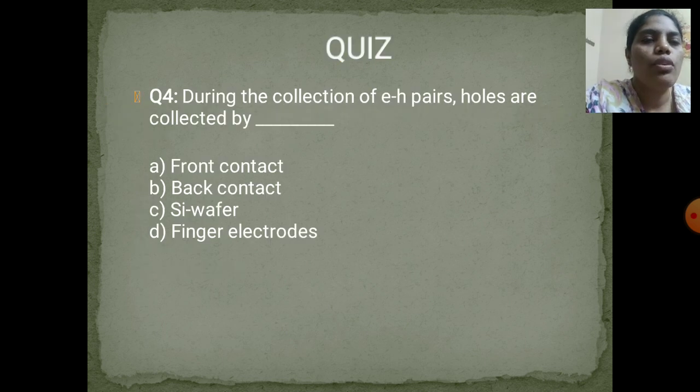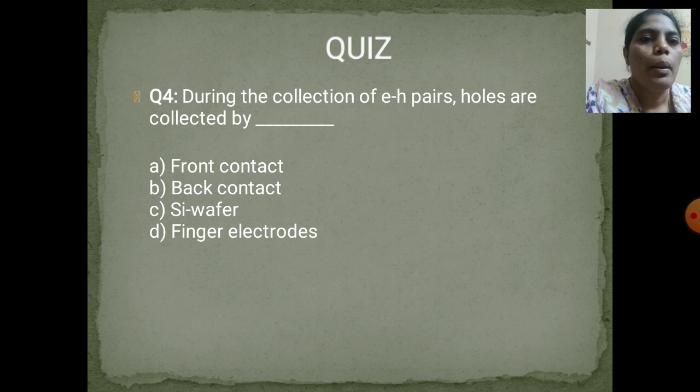During the collection of electron hole pairs, holes are collected by front contact, silicon paper, or finger electrodes? Holes are at the P side. P is at the bottom, below the N type.